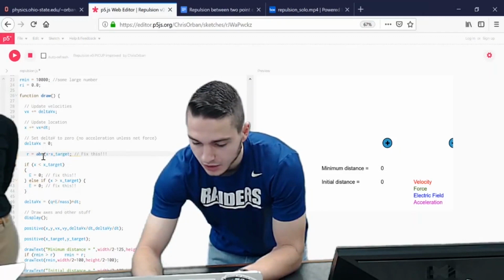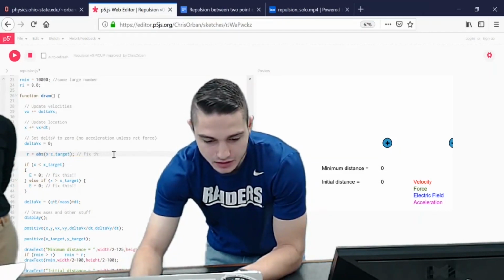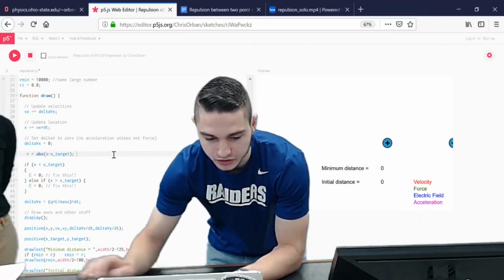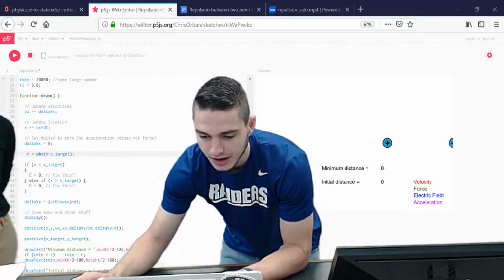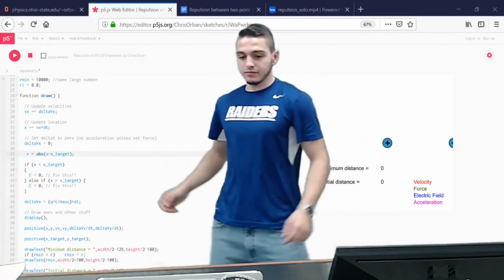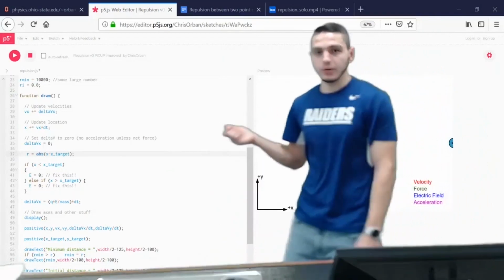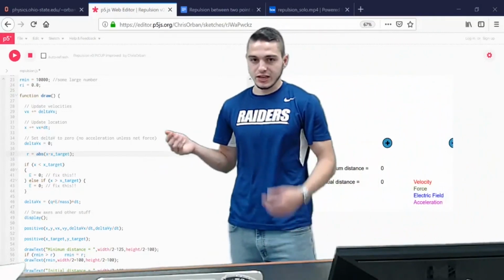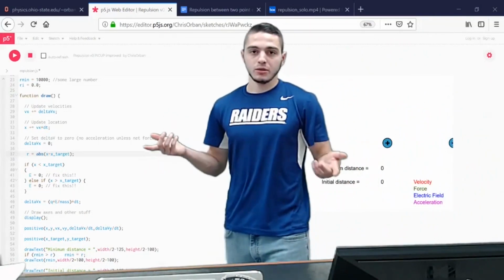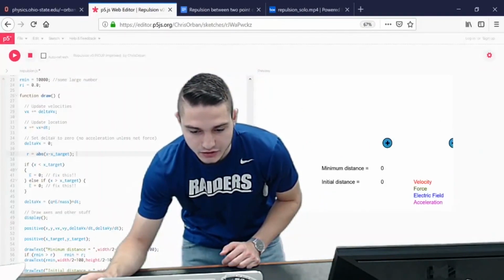Because obviously, when this thing starts, the x position, not the x target, but the x position of this particle over here, starts right here. So that's obviously less than the target particle, and we don't want that to be negative. So just to keep everything positive, we're going to put in the absolute value there. And so we have what looks like an electric field.